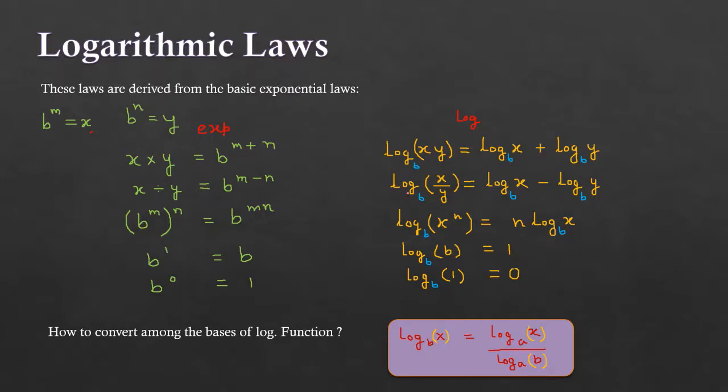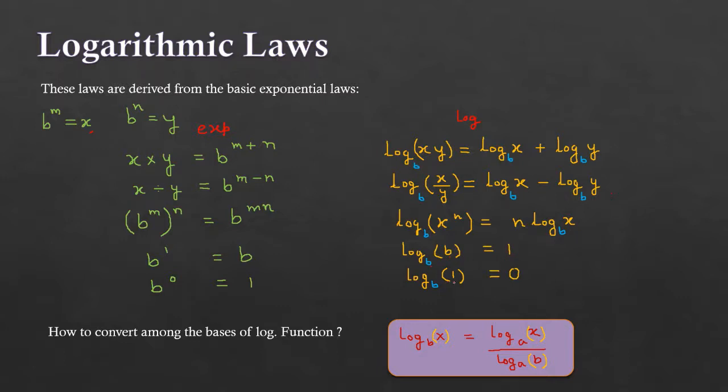Then we obtain log with base b of x divided by y as the subtraction log x minus log y, and then log of x to the power n, that is b to the power m to the power n that was used, is written as this power shifted and come in front, that is n, and thus we write n into log base b x. Then log with the same base b and x, so the repetition of the same number, we obtain the value as 1.